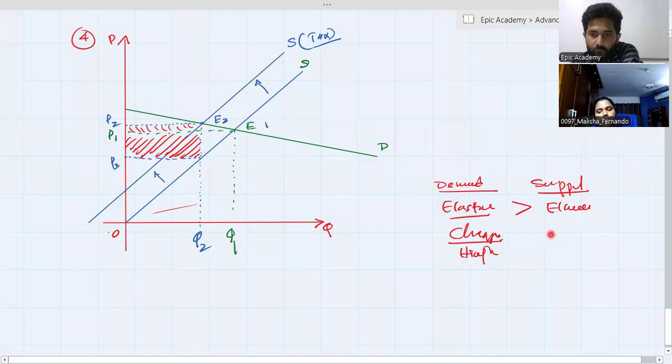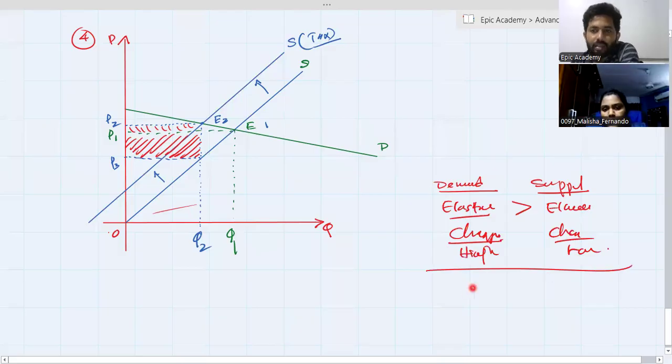Supply also can change, but at a lower level. Who can avoid the danger? The consumer, demand. That is why a low part of the tax burden is taken by the consumer. He can avoid the tax by changing the quantity.